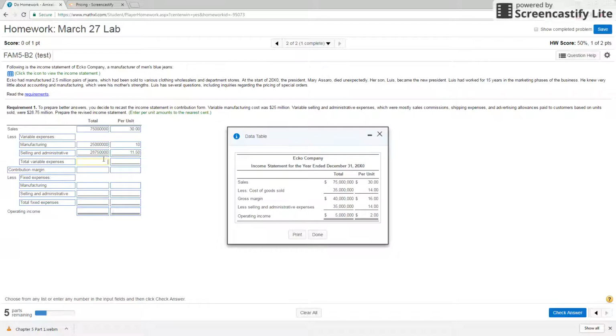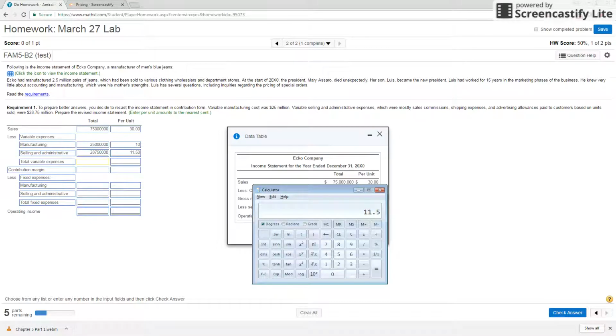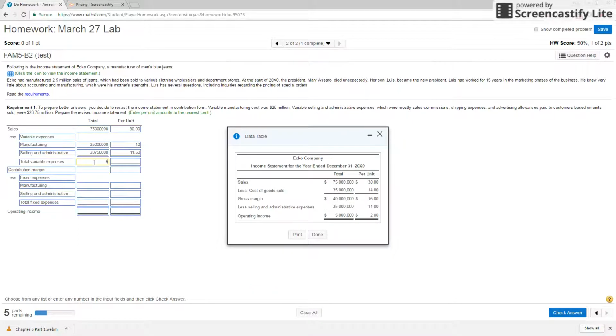So the total will be this number plus 25 million and 28 million and 750,000.